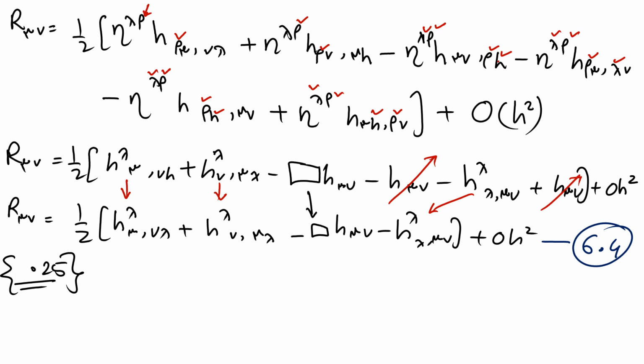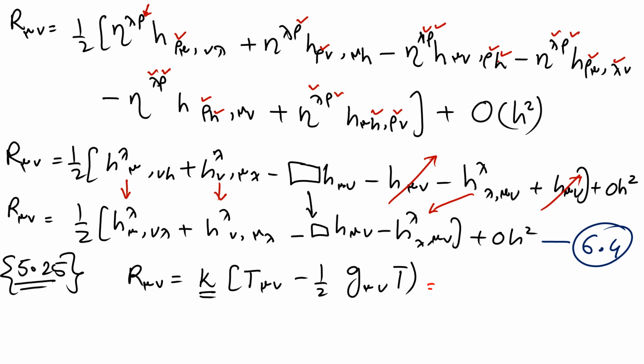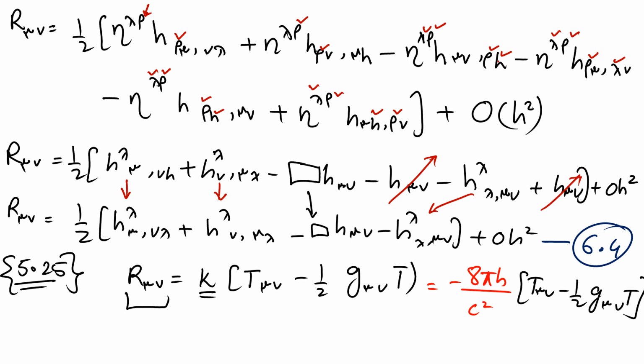Let me write it: R mu nu is equal to k, T mu nu minus 1 by 2 g mu nu T. By putting the value of k, which is equal to minus 8 pi G over c squared, also given in the book, and the remaining terms will be the same as this one, minus 1 by 2 g T. I will put all the value of the Ricci tensor here, and then this term on the right side.